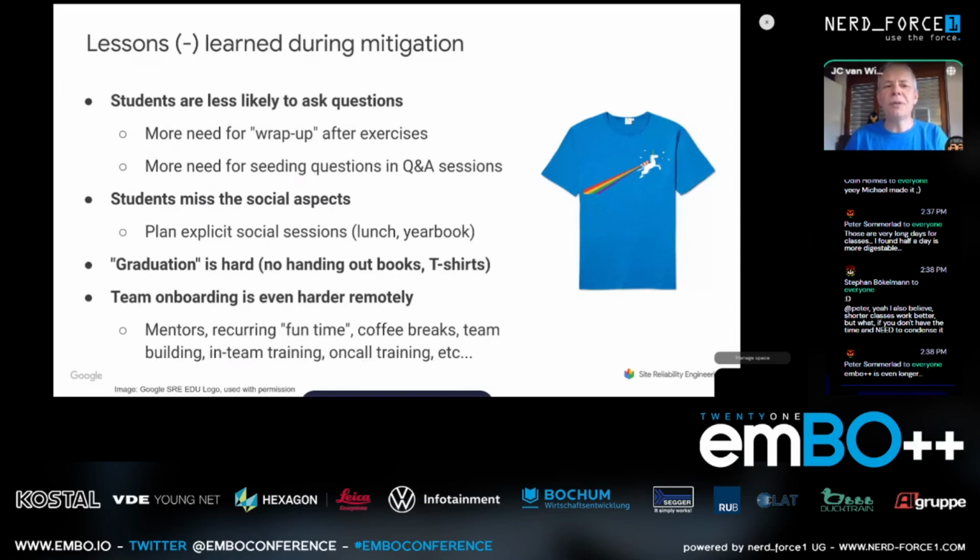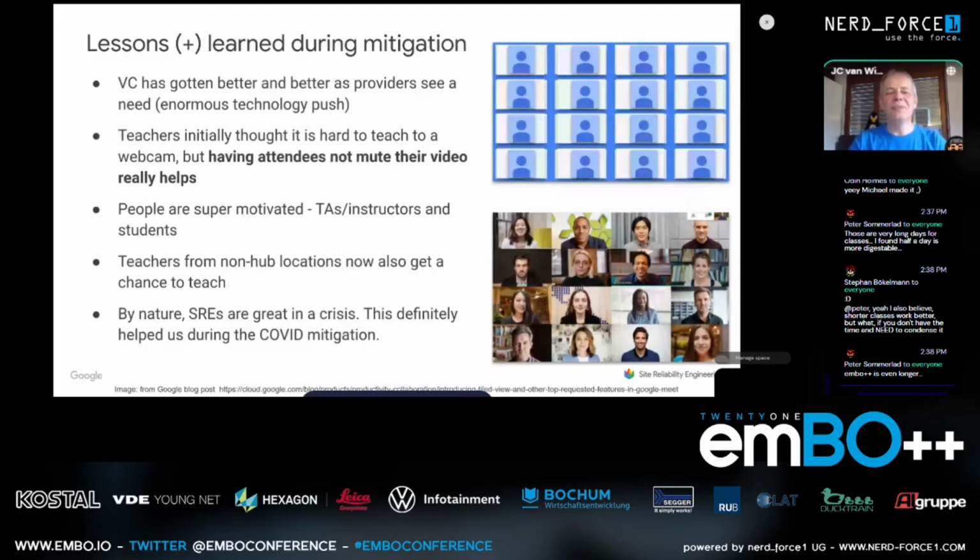We've also learned some things that actually turned out to be very well. Video conferencing has gotten so much better as the providers see the need for this. There was an enormous technology push. When we started in the Covidium, Google Meet, which is what we use internally in Google, couldn't do this yet, having the mosaic of different people.